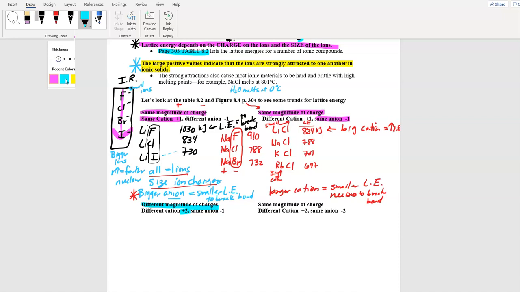I'm going to look at the same page, page 303, for these values. So let's say I have magnesium chloride, where magnesium is +2 and the anion is -1. And if I want to look at strontium chloride, which is also +2, -1, let's see what's going to happen.